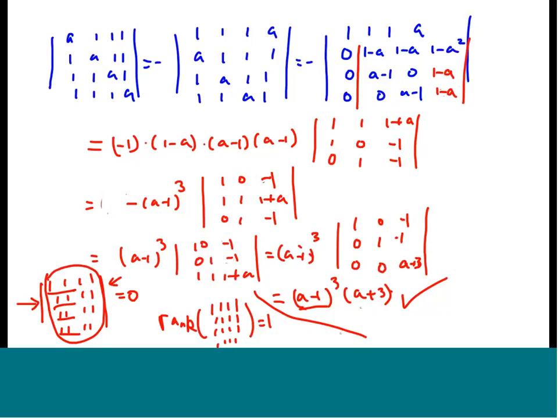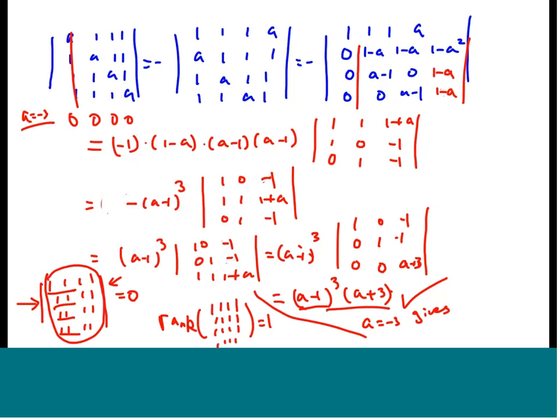Everything added up together is going to be 6, 6, 6, 6. You can see it only has a rank of 1, so it determines minus 3. Minus 3. Every column adds up together to 0, 0, 0. So a equal minus 3 definitely is a 0, right? So this is why this is right.